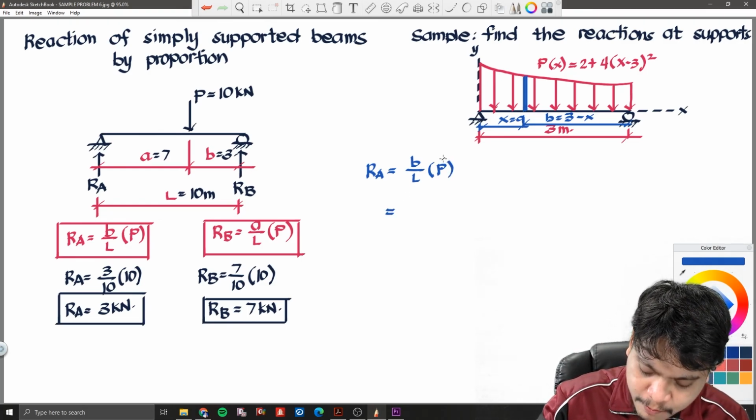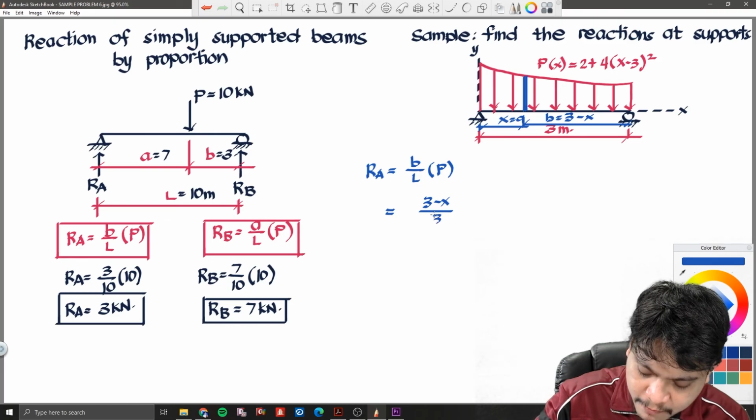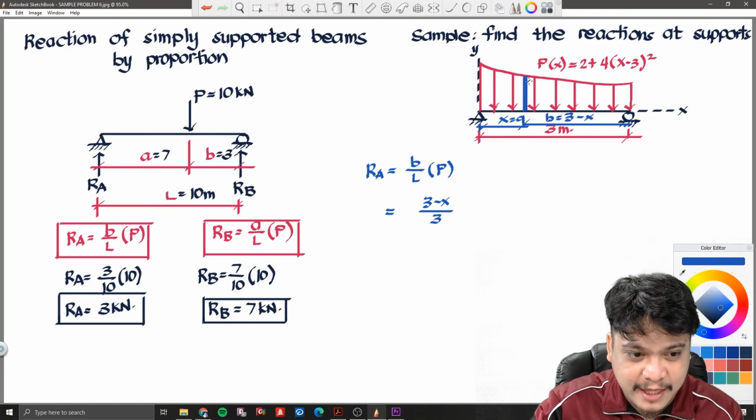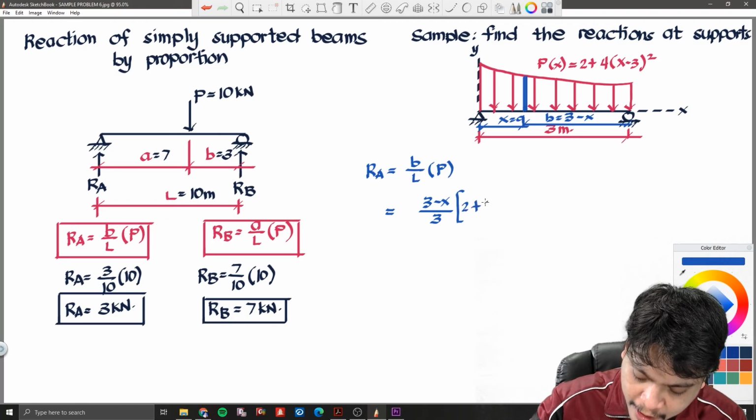So, yung B ko, that would be 3 minus X all over yung L ko, that would become 3. And then, yung P ko, yung point load na to, kasi hindi ko siya alam, but this would be the function of P of X. So, lalagyan ko ng 2 plus 4 multiplied by X minus 3 squared.